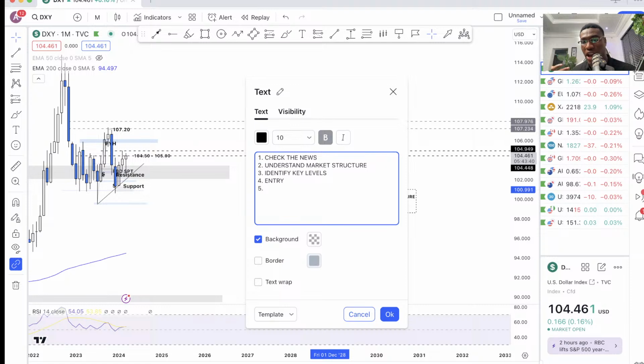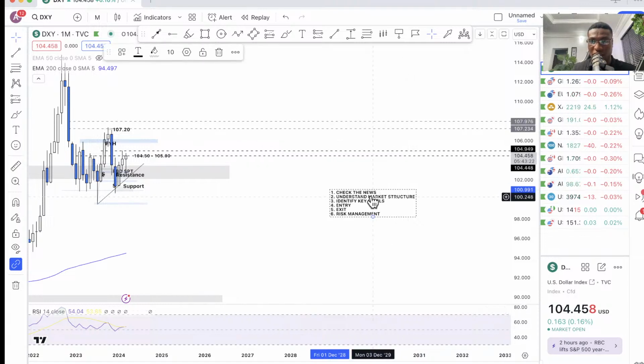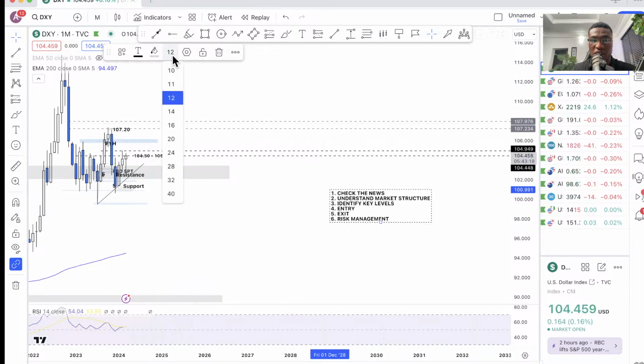So before you execute the trade, you already know where you want to close out in profit or where you want to close out to minimize your risk, right? So the 5th step would be your exit point. And the last step would be to apply proper risk management, right? Now, these are the things you need to identify before you execute the trade.